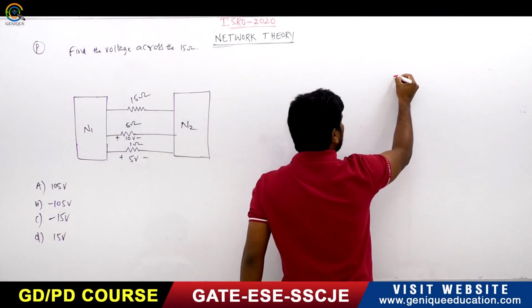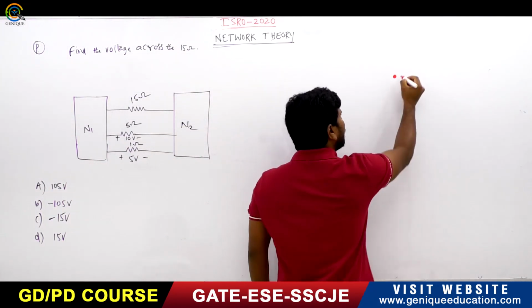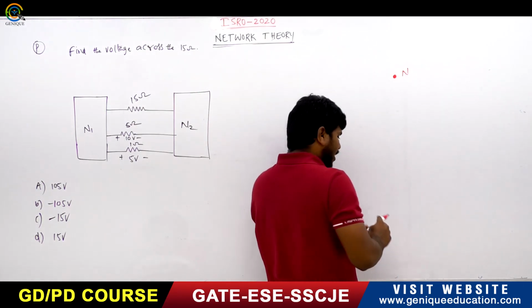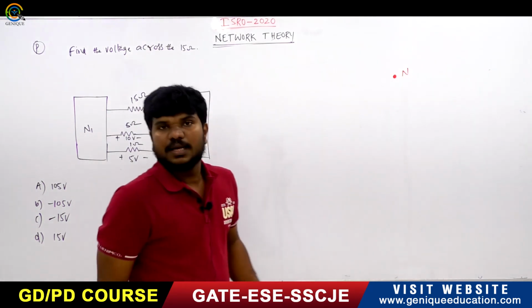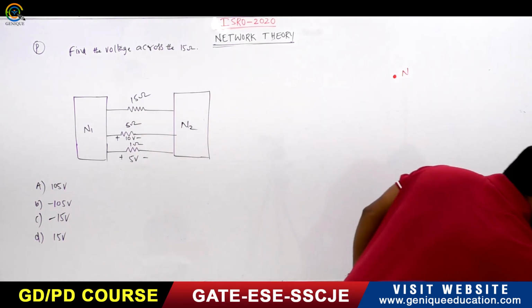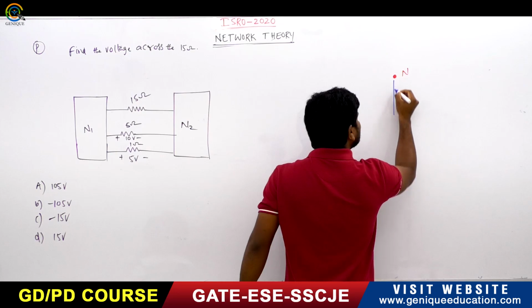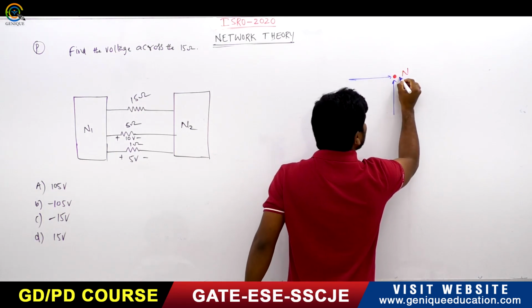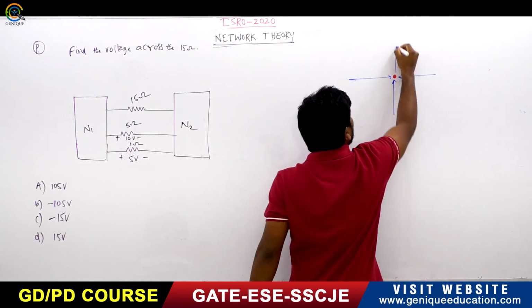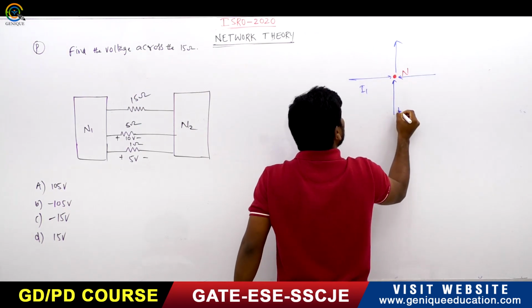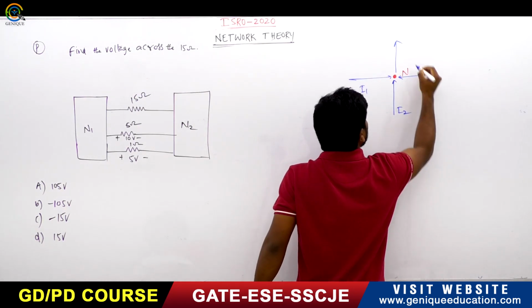Suppose we take any node N. The algebraic sum of the currents is equal to 0. That means currents entering equals the currents leaving.